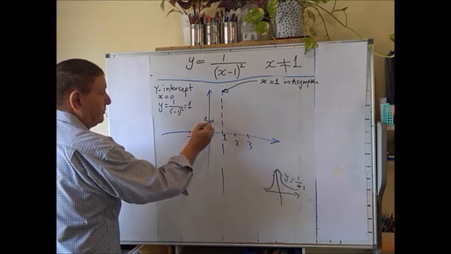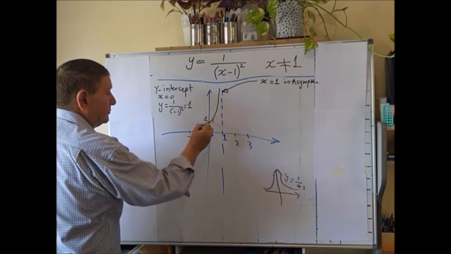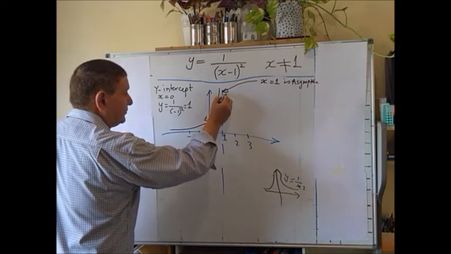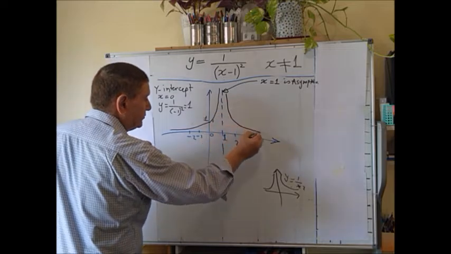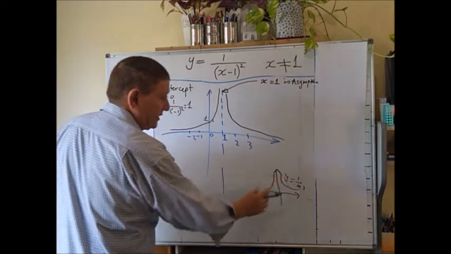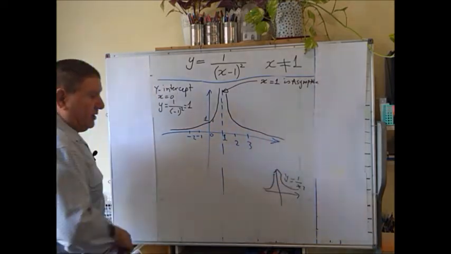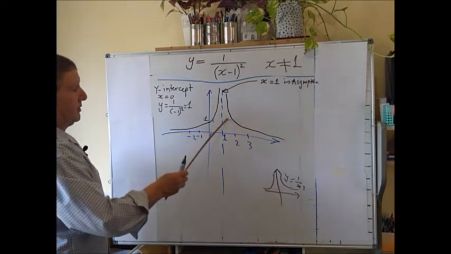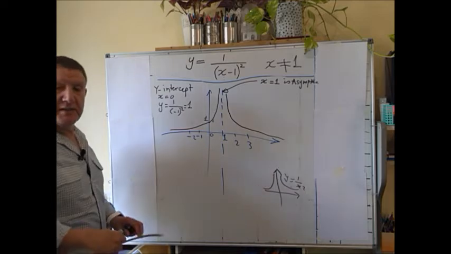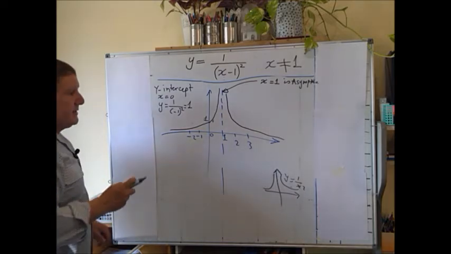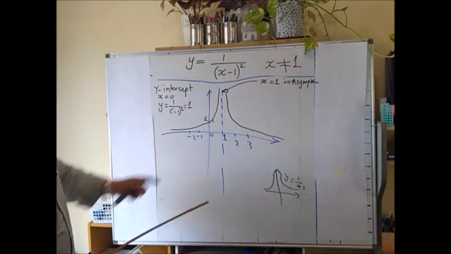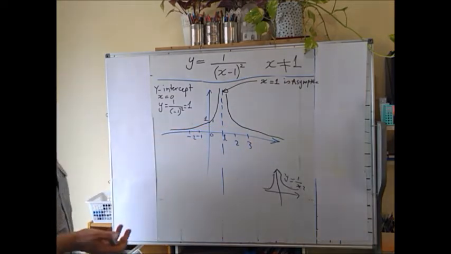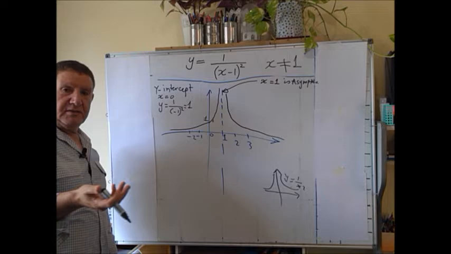So that will be here, and on this side the same thing. And they are symmetric. There it's symmetric about the y-axis, but in this case it will be symmetric about x equals 1.